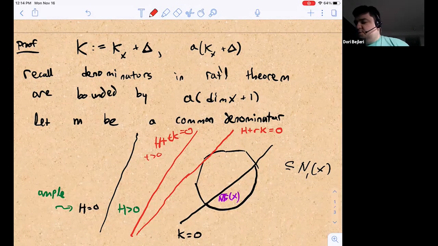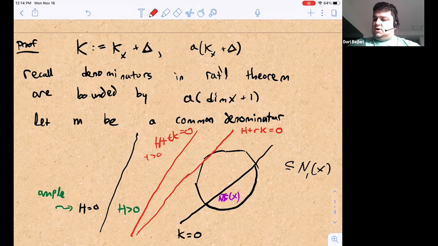And now what we're going to do is show that, whatever the intersection of this hyperplane H plus rK equals 0 with our negative piece of the cone of curves is, we can cut it down further to make it smaller dimensional. Basically, we're going to perturb our H plus rK equals 0 by some other ample divisor.